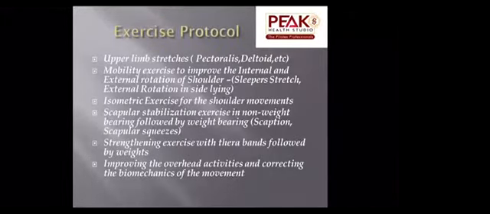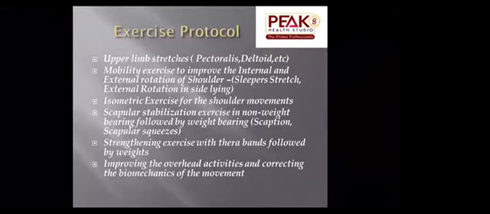Then coming to exercise planning, we'll have upper limb stretches for the tight muscles, initially for the pectoralis and deltoid muscles, and mobility exercises to improve internal and external rotation range at the end stage.